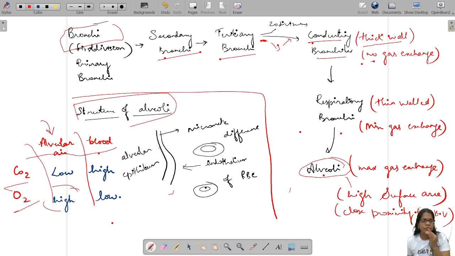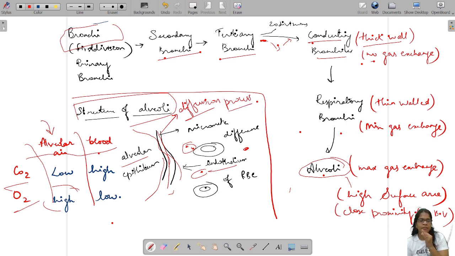For your understanding, I have drawn this: the epithelium and the RBC, the endothelium of the capillary and the alveolar epithelium, and this is the passage through which the process of diffusion happens. The diffusion of gases happens, and thus the exchange happens. Hope I'm clear with the concept.